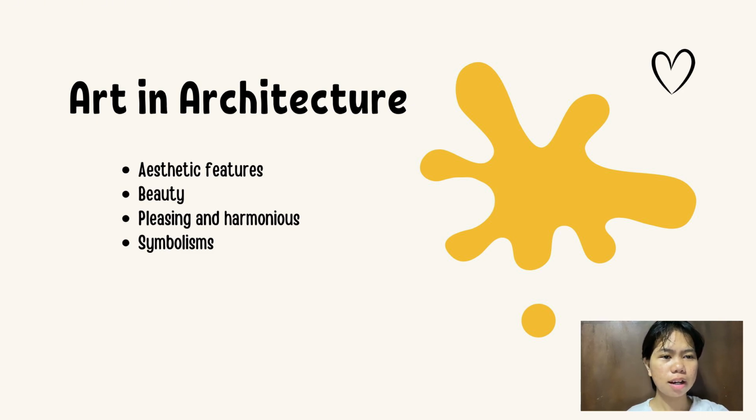So how can we say when the building is more of an art than science or its context? In art and architecture, this refers to the artistic elements that are being considered or featured in a structure. So here are its examples.